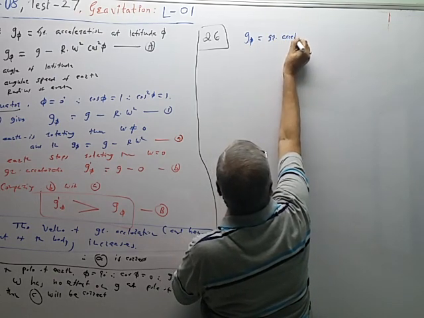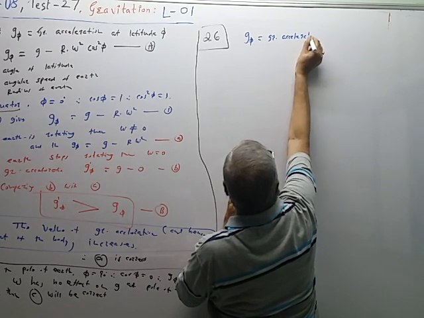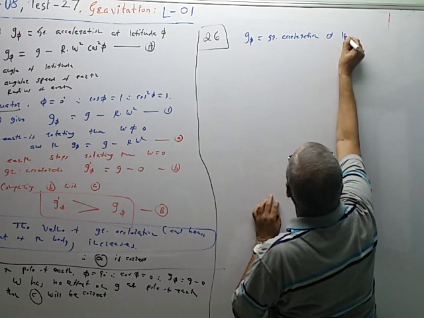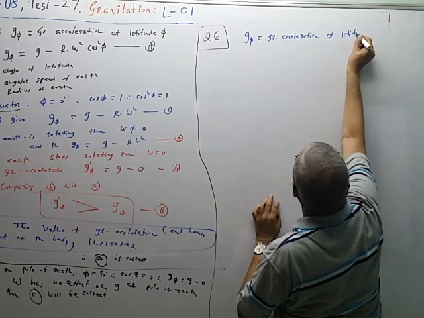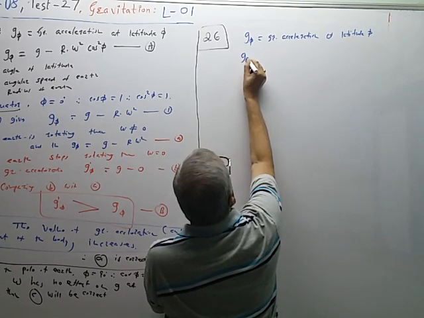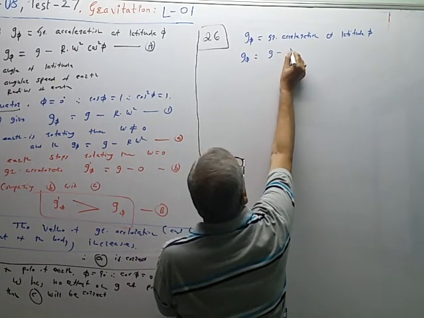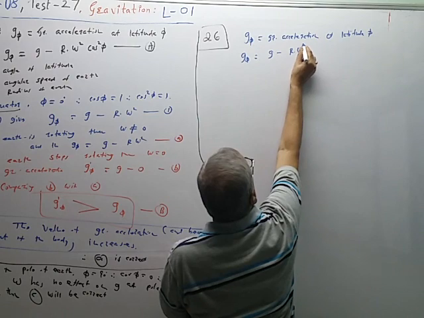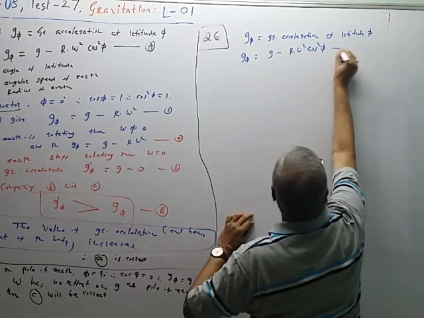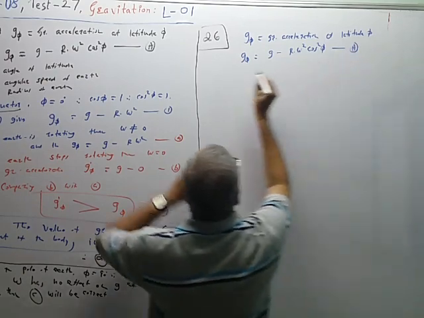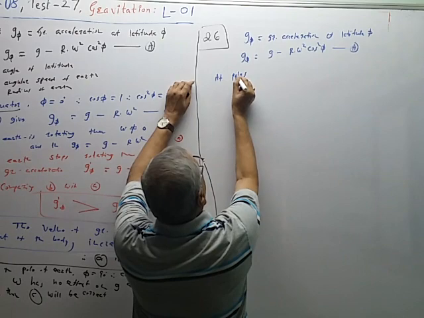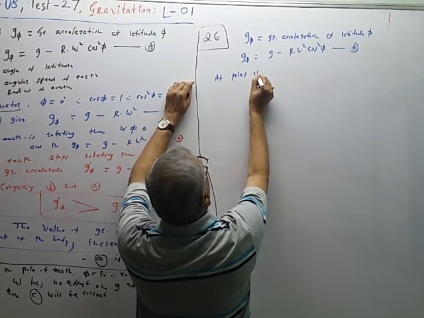g phi is equal to gravitational acceleration at latitude phi is equal to g minus R omega square cos square phi. This is equation capital A at poles of Earth.